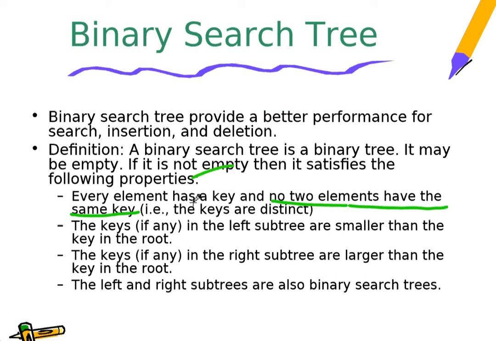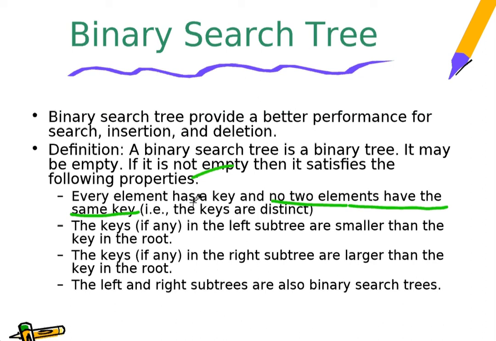So every node has a value, and no two elements have the same key. That is the precondition: only a single unique value should be there in each node.